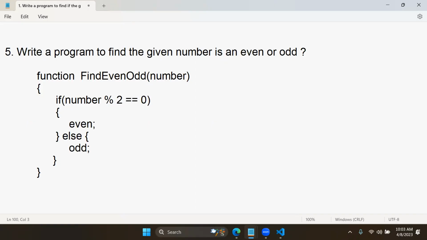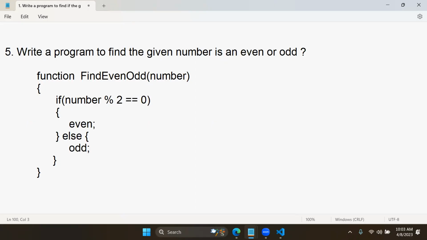But I told you, the EMI calculator, such complex things they will give, even in conditions also. That's the reason you need to understand such things. Is it a prime number? Is it an even number or odd number? Several questions are asked.